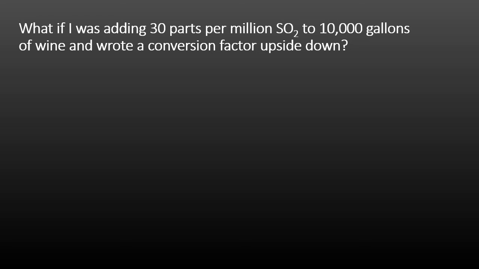Here's another one. What if I was adding 30 parts per million SO2 to 10,000 gallons of wine and I wrote the conversion factor upside down? So 30 parts per million, we know, equals 30 milligrams per liter. And I'm going to add that to 10,000 gallons. So I have to multiply that by 10,000 gallons. But again, I've got English units in gallons, I've got metric units in liters, so I need to do a conversion.